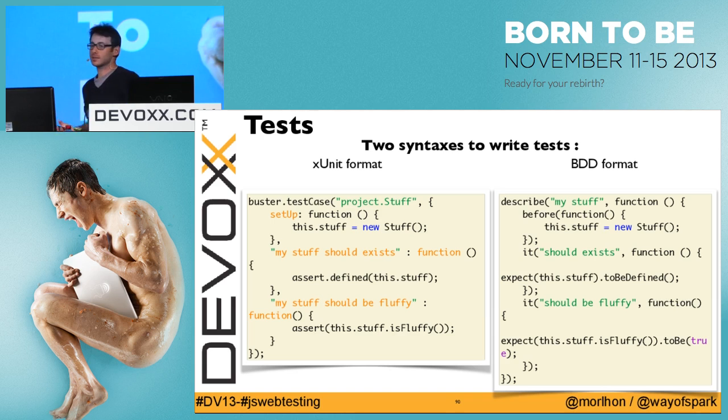There are two syntaxes to write tests, like we showed in chai, but only two, not the third. There is the QUnit format and the BDD format. So it's one with setup, teardown, and test with assertion, and the other with describe, before, after, and expectations. Very classical. You can do nested test cases.